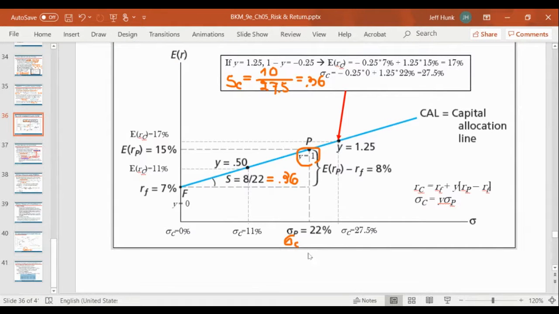The standard deviation of the risky portfolio is also the same as the complete portfolio, because there are no risk-free assets. And when the weight is 50-50, you will still see the same result.